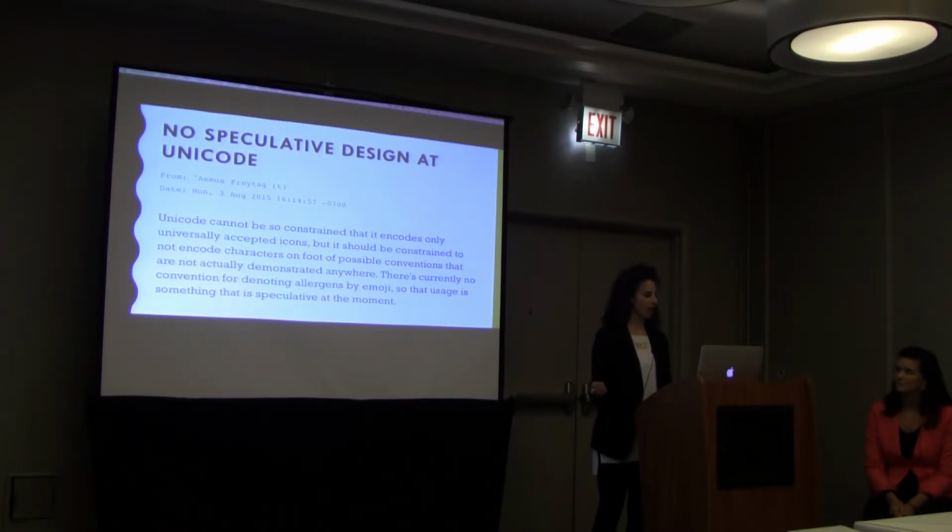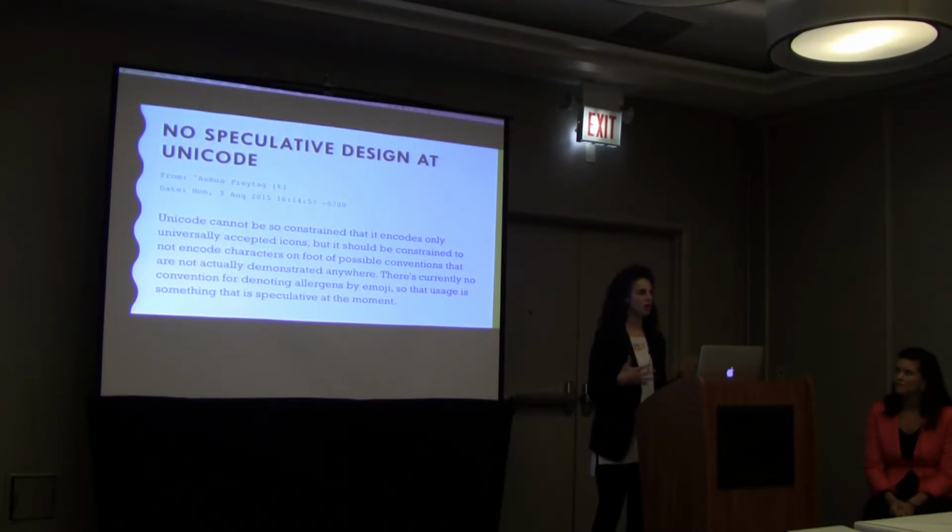So as Ms. Freitag, I apologize if I'm mispronouncing that, said, Unicode cannot be so constrained that it encodes only universally accepted icons, but it should be constrained to not encode characters on the foot of possible conventions that are not actually demonstrated anywhere. There's currently no convention for denoting allergens by emoji, so that usage is something speculative at the moment.